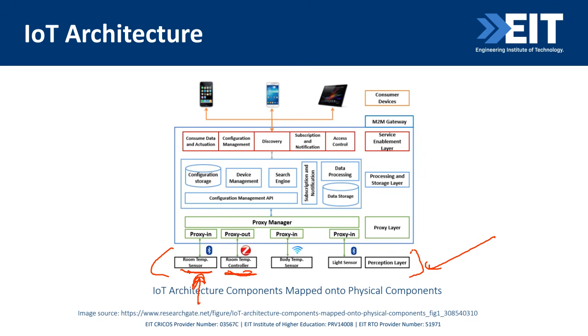The controller is acting on the field, so I'm putting here an arrow towards the field. The sensor is getting data from the field. And then you have some other things like eventually a body temperature sensor. You can have things like light sensors. Okay. Any other things that you can add in the field.